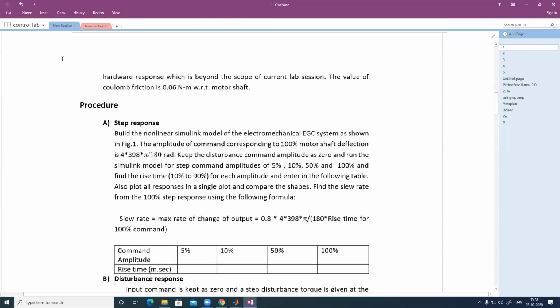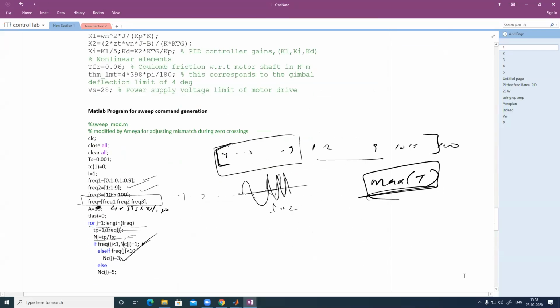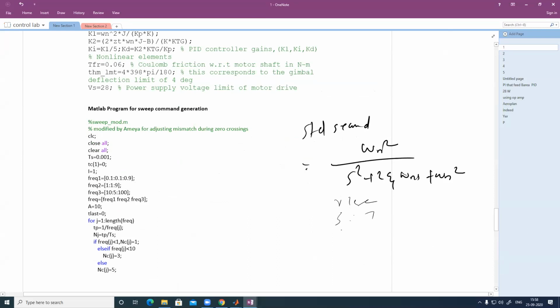Sir, what will be the error at that time if we are not getting it, even when applying within the limits? You are studying control systems now. In that, you are only using the standard second order system, omega n square by s square plus 2 theta omega n s plus omega n square. From this equation you derived rise time, settling time, percentage overshoot, everything.